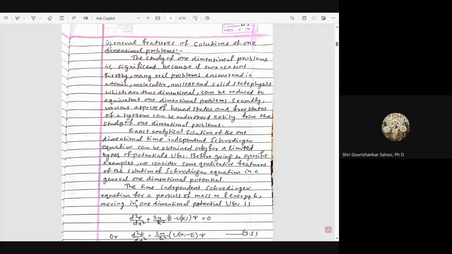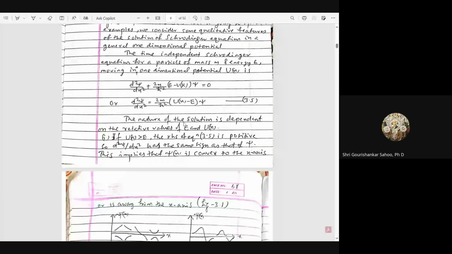The time-independent Schrodinger equation for a particle of mass m and energy E moving in a one-dimensional potential U, which is a function of x, can be written as d square psi by dx square plus twice m by h cross square (E minus U) psi is equal to 0.